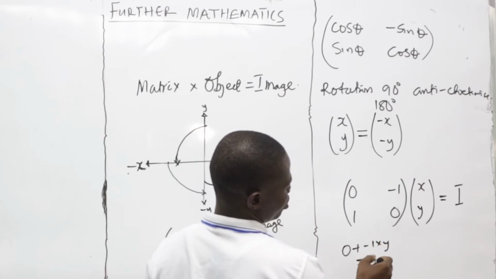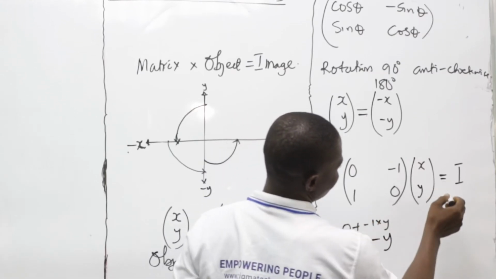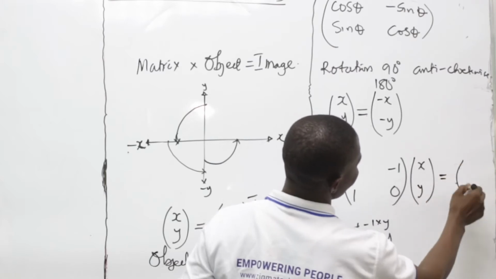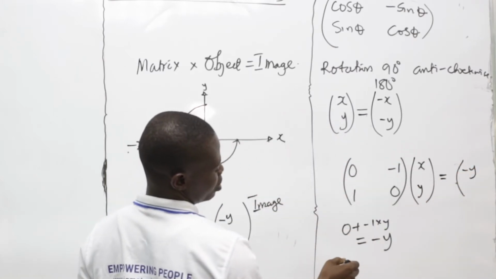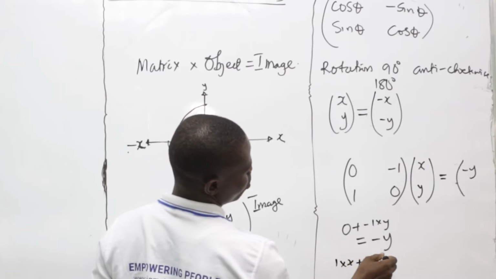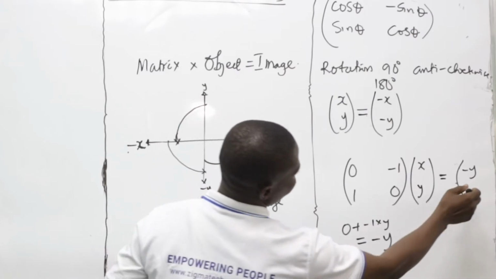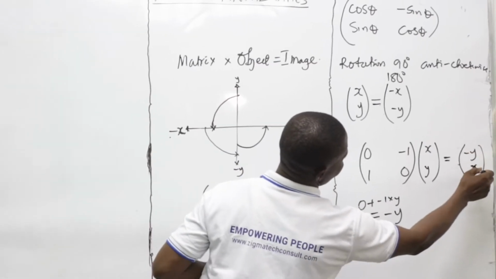It will give us what? Minus y. That is, I have here minus y. Now 1 times x plus 0 times y equals what? X, meaning I have x here.